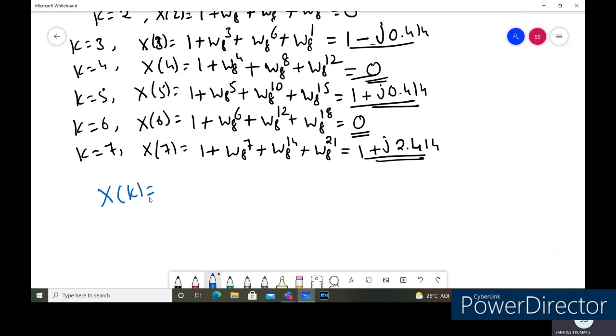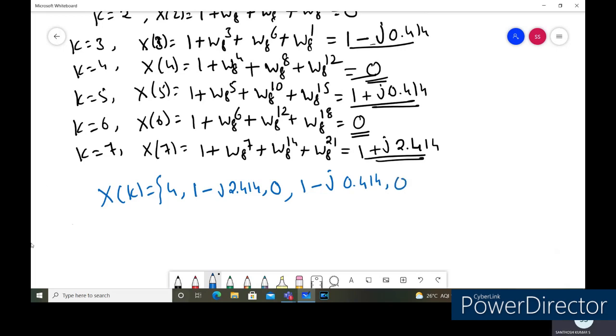So x of k is equal to, for k is equal to 0, we got 4, and for k is equal to 1, we got 1 minus j 2.414. For k is equal to 2, it is 0. For k is equal to 3, it is 1 minus j into 0.414. For k is equal to 4, we got it as 0.